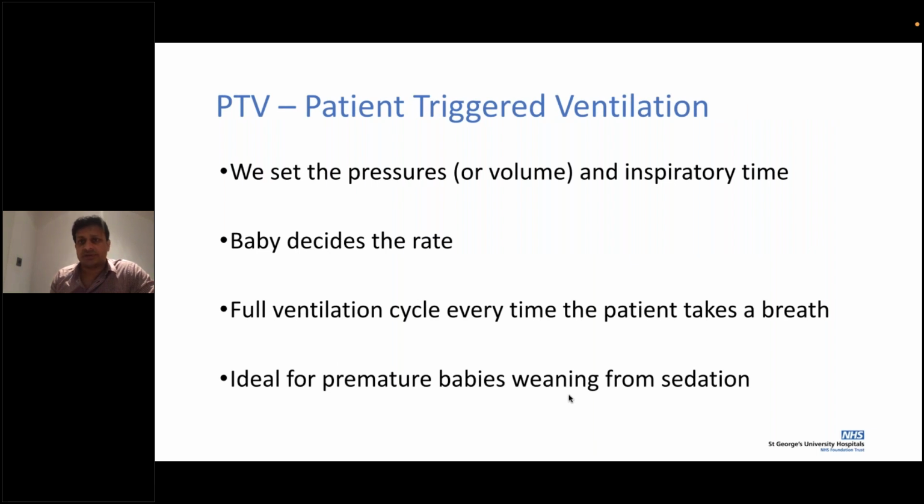Patient trigger mode of ventilation. So basically, if a baby is actually triggering, then the ventilator will make every attempt to synchronize with that effort made by the baby, which would mean that every effort made by the baby will be synchronized, and it will help with effective weaning, and you're able to wean your sedation a lot easier.